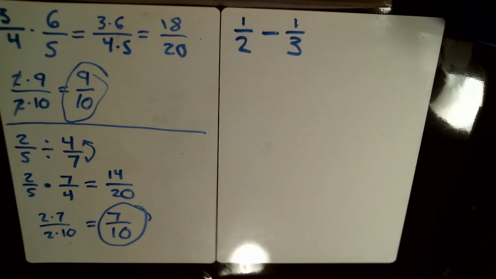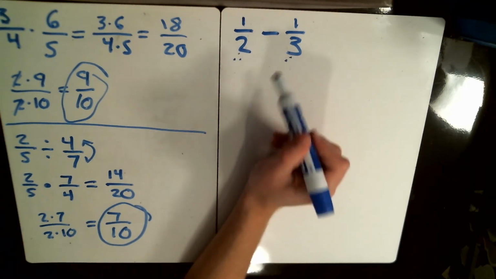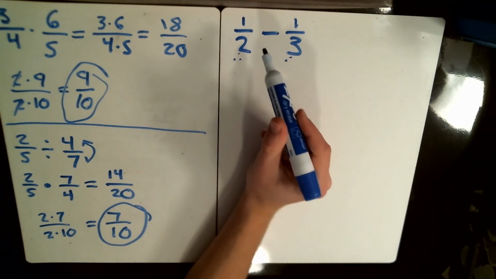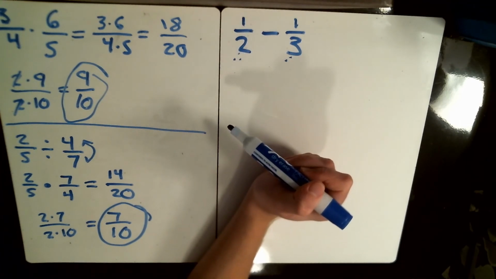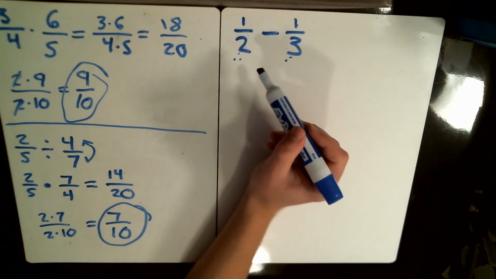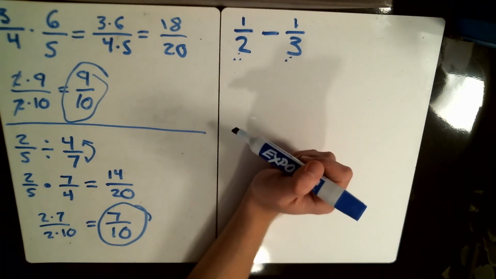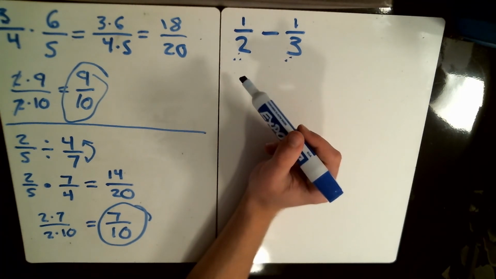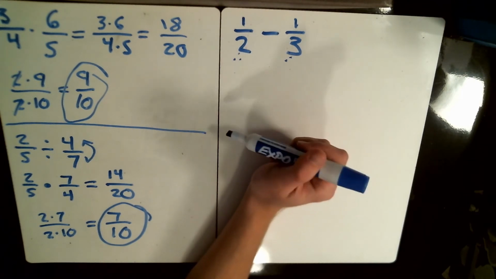So what I'm going to do is I want to try and get these two numbers to be the same. And how I'm going to do that is I'm going to times the top and the bottom by particular numbers to make them the same. So notice, what's a number that both 2 and 3 go into that I could make the denominator be? Well, 6, right? 2 times 3 is 6.